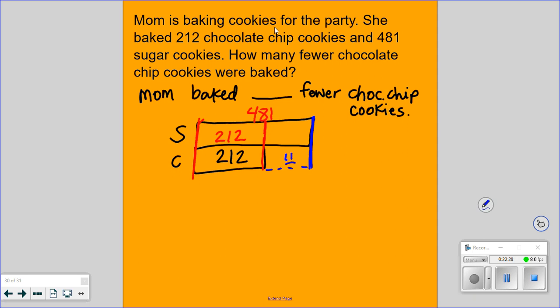Those cookies don't exist. They're sad face. That gap, the space from being the same amount as sugar, is our fewer. So we're going to draw a line to that space. It's not even a box, it's just space that says fewer.